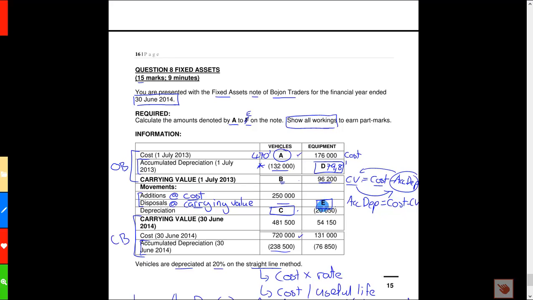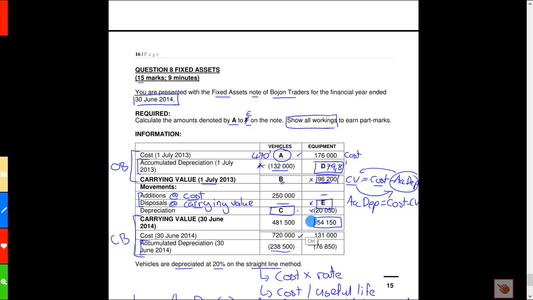That means that amount number E, we can calculate as follows. We know that the carrying value for equipment is 96,200 at the beginning of the year, 1st of July. Then there was no additions and there was a disposal at the carrying value. The depreciation would also reduce the carrying value, and then we end up with our closing carrying value.